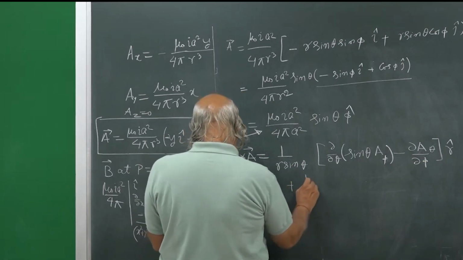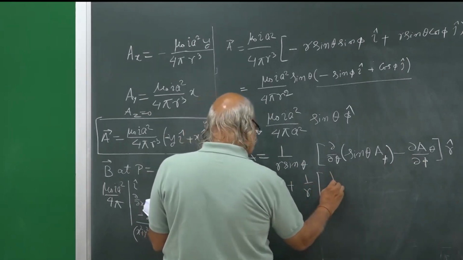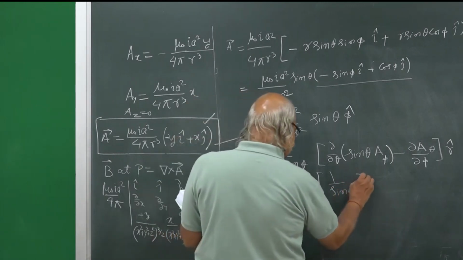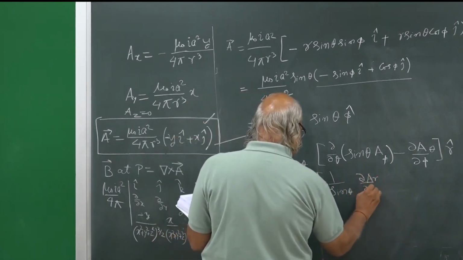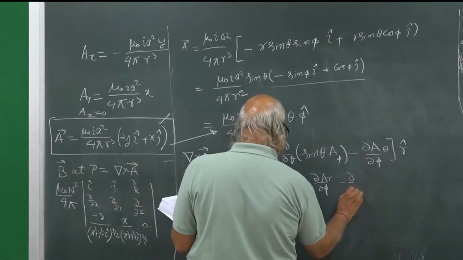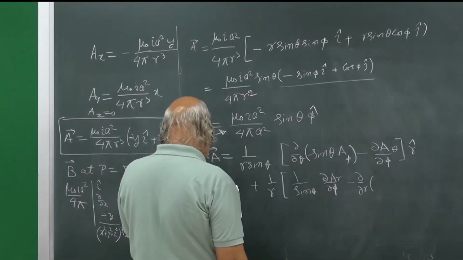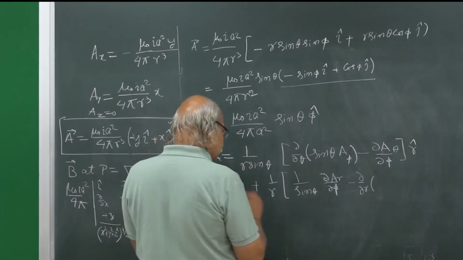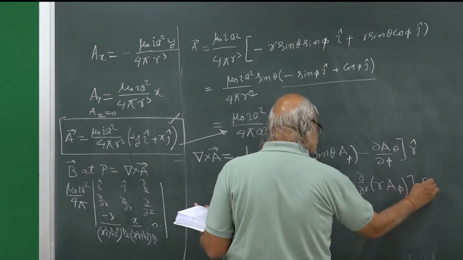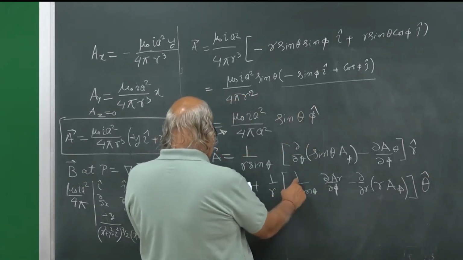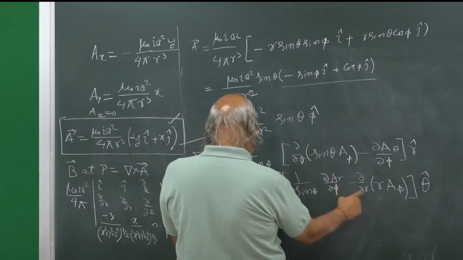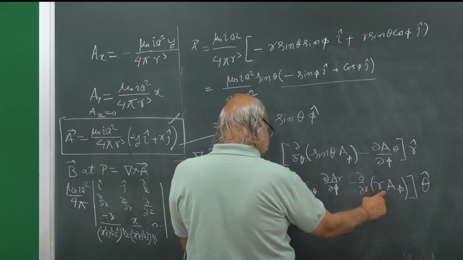Then the other term is 1 over r, 1 by sin theta, del A r by del phi, minus del r of r A phi, and that is theta cap.